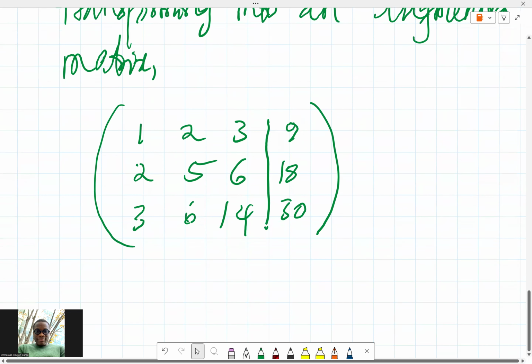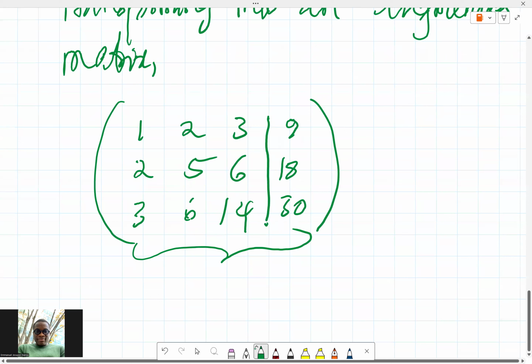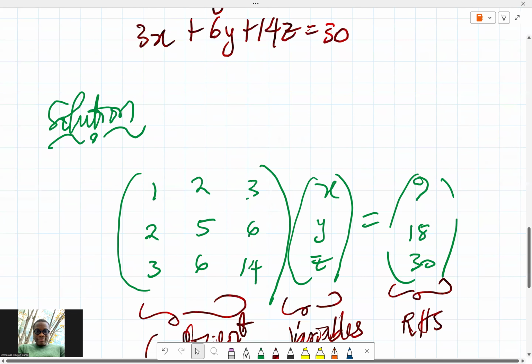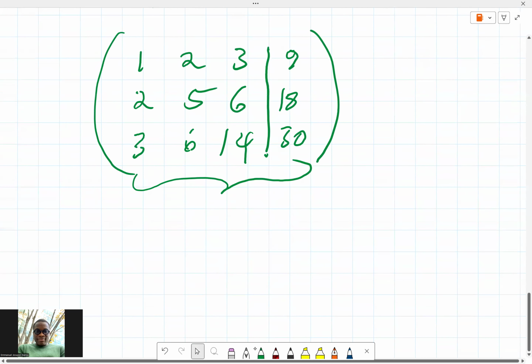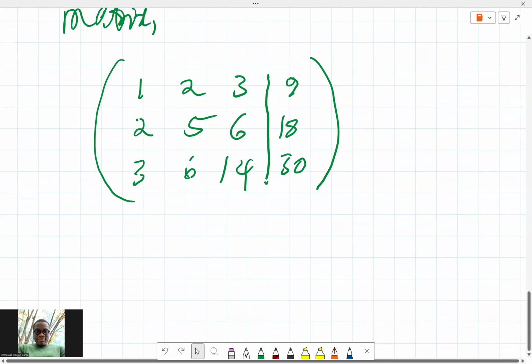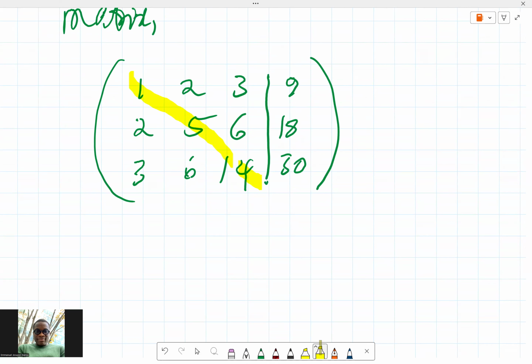Now we want to make this matrix into an upper triangular form. What that simply means is that we look at the principal diagonal. If you start from row 1, column 1, row 2, column 2, row 3, column 3, that's the principal diagonal. Everything below the principal diagonal, 2, 3, 6, all of these have to become 0.